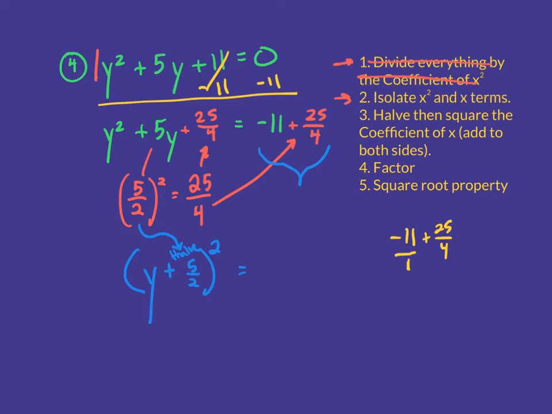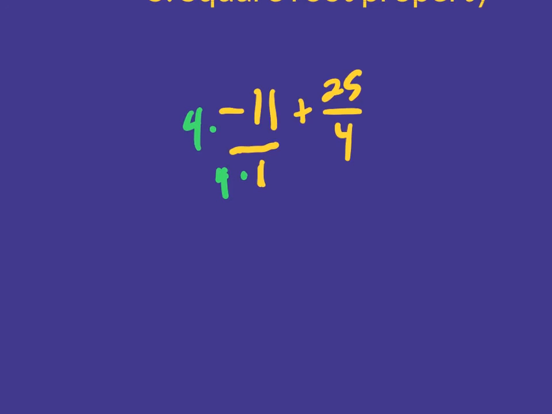So this first fraction, the negative 11 over 1, that's the one that needs to change. So in order to get its denominator to be 4, we have to multiply 4 on bottom, and we'll end up needing to do that on top also. So just doing a little bit of scratch work, we've got negative 44 now over 4 plus 25 over 4.